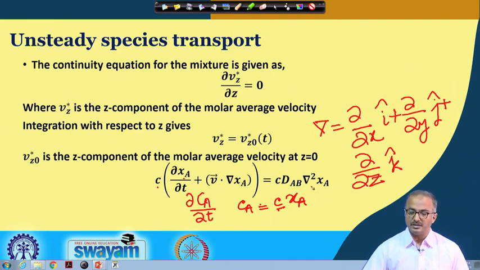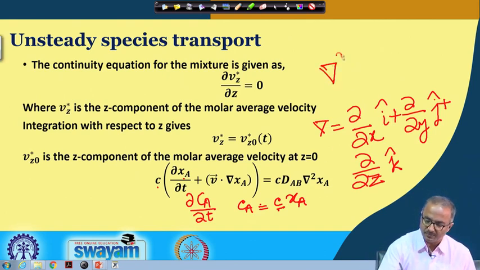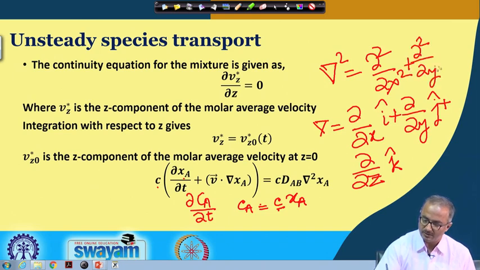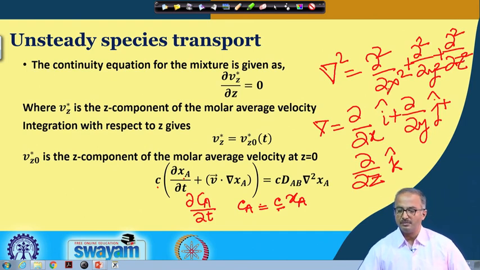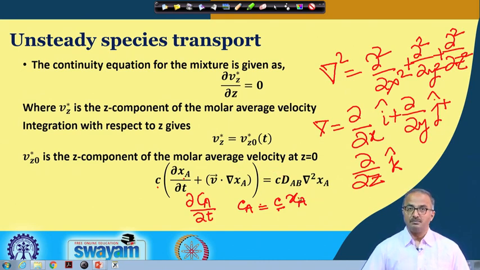Nabla square is dou square by dou x square plus dou square by dou y square plus dou square by dou z square. Please understand, we are not writing i, j, k here because this is a scalar. This is how we set up the material balance equation for this condition.